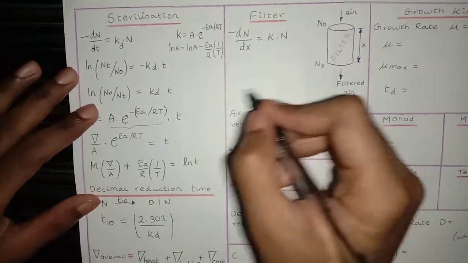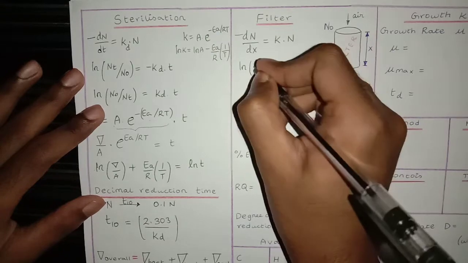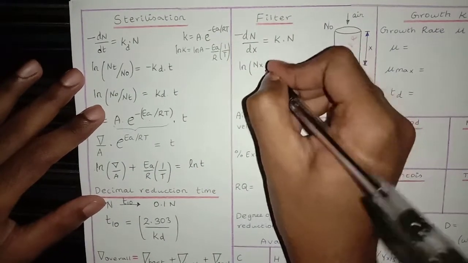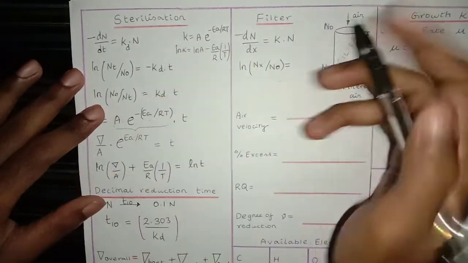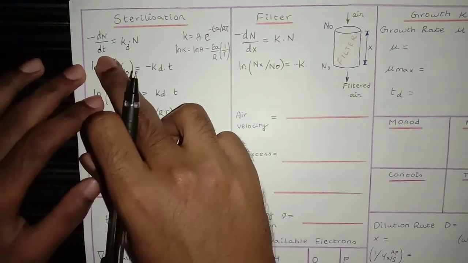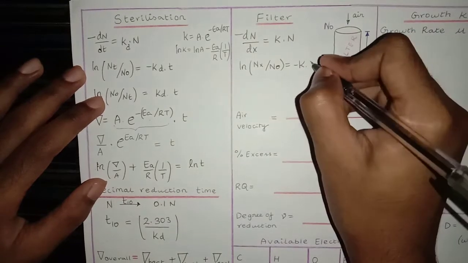And when we integrate it, we get an expression similar to this: ln of Nx over N initial, that is N0, is equal to negative k times x. Here it's t, and here x is the length of the filter.